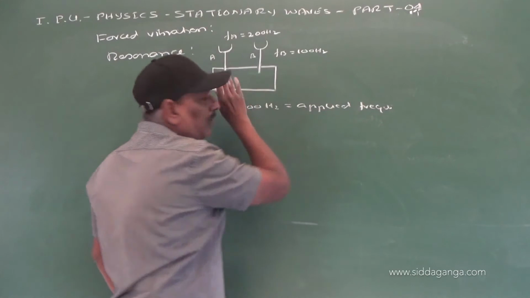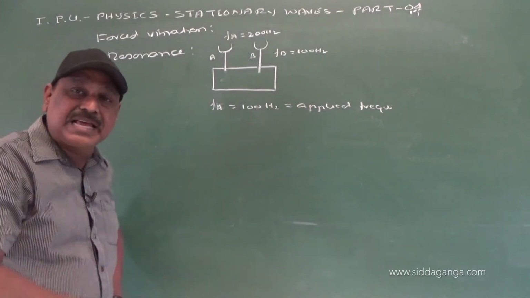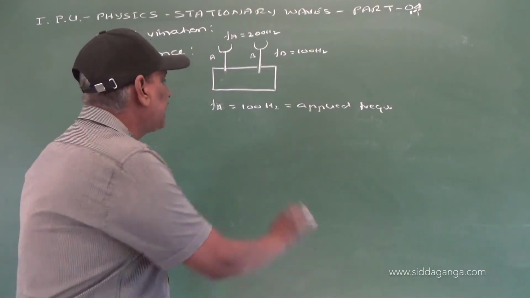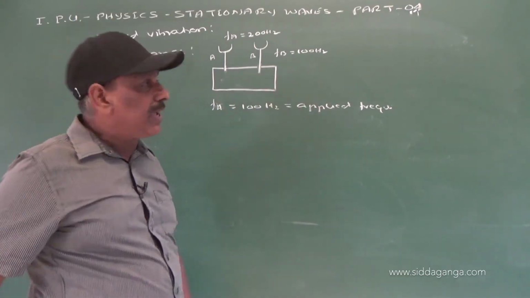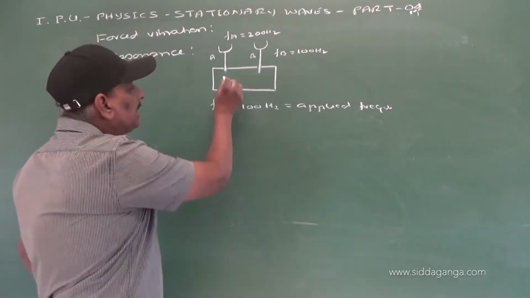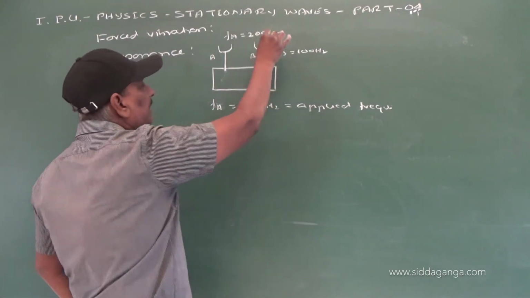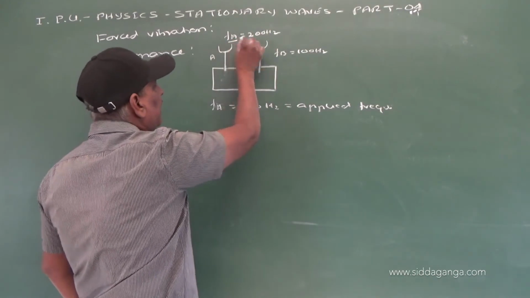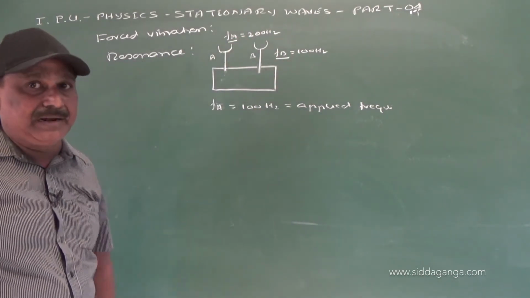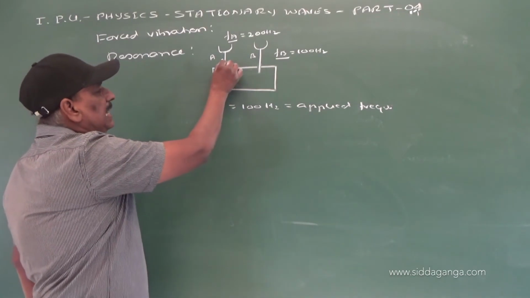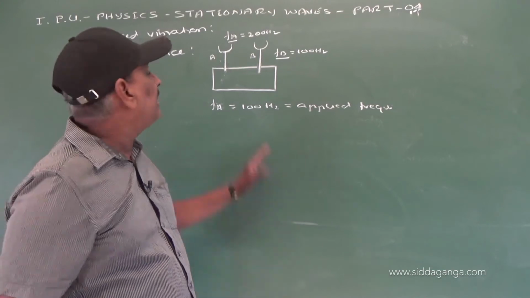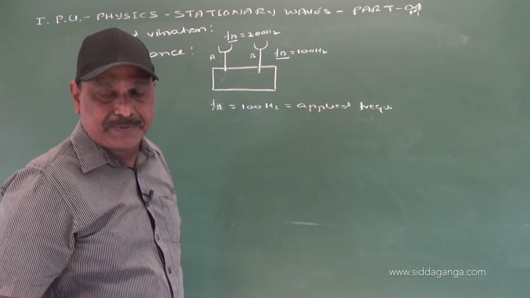Now the tuning fork A is not vibrating with its natural frequency, it is vibrating with the applied frequency, as well as the wooden block also vibrating with 100 hertz. But here the difference between natural frequency FA and applied frequency FB is large, about 100 hertz. So the amplitude of vibration is very small, we can hardly see the amplitude of vibration.